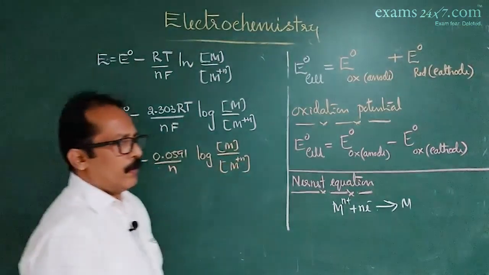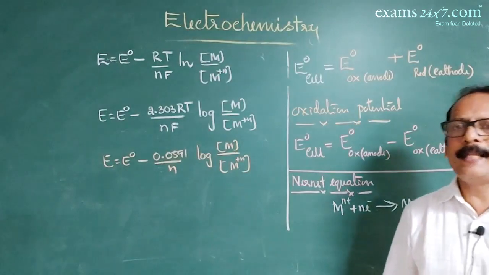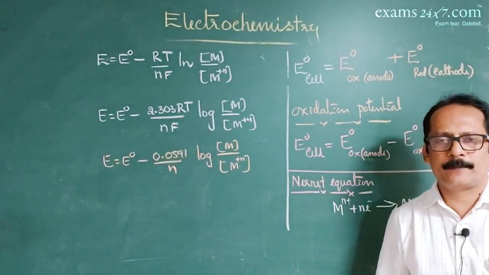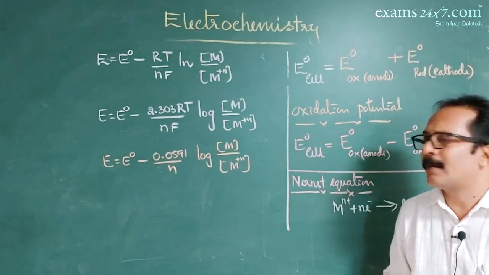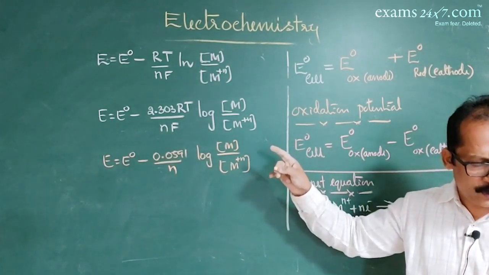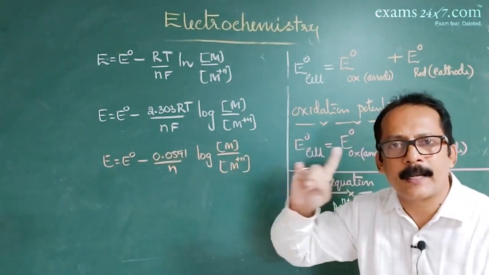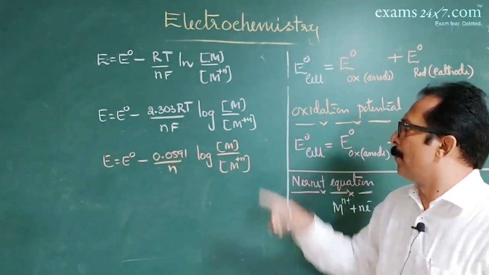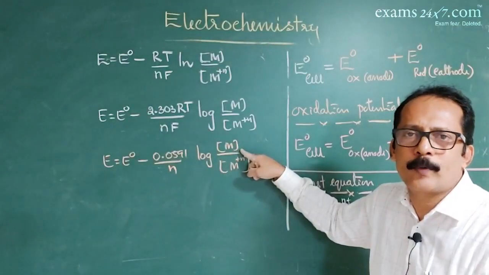Now, the concentration of a solid, or liquid, or gas in pure state at 1 bar or 1 atmospheric pressure is always taken as 1. Therefore, the concentration of the solid metal is equal to 1.